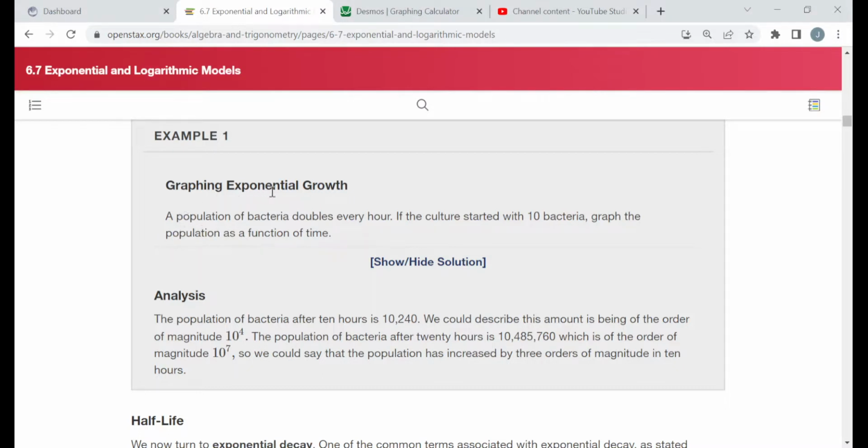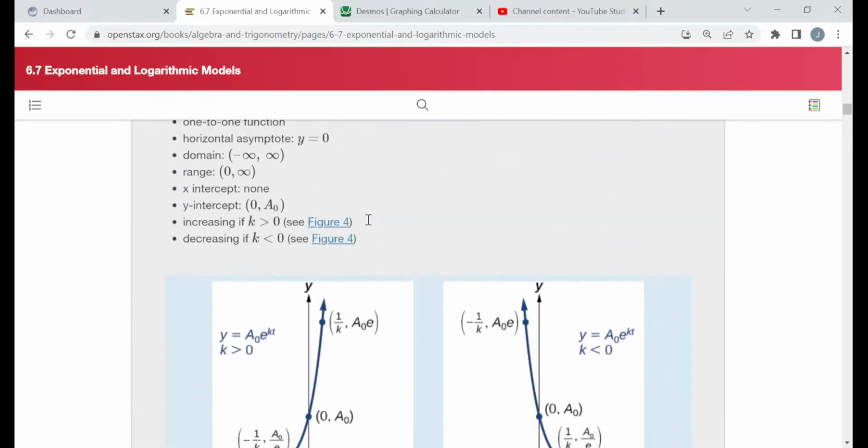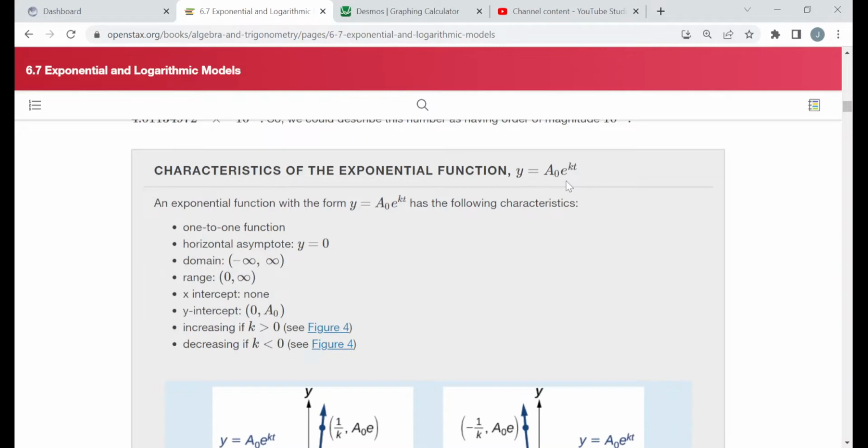Here, graphing exponential growth. It says, a population of bacteria doubles every hour. If the culture started with 10 bacteria, graph the population as a function of time. So we have to model this. We have to fill in the relevant information to complete this model.